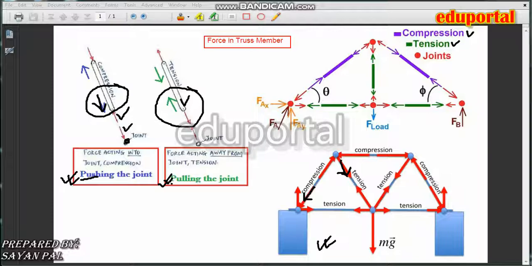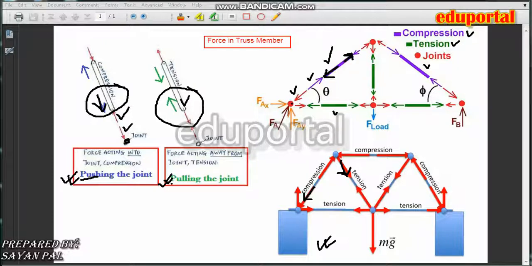In the actual figure, we show the internal forces in the member. See, this is the joint. This is the force applied by the member to the joint. So the joint will apply a similar force to the member, and as a result, there will be an opposite force in the member to counteract this force. So the member is subjected to compression.